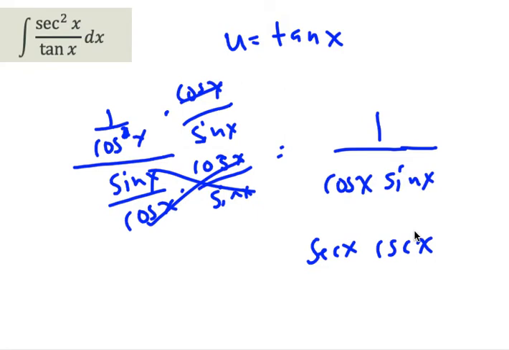So you might be tempted to think, oh, that kind of looks familiar, right? It kind of looks like one of our trig integrals, but it's not, because the trig integral is secant x cotangent x. So doing this actually gets you nowhere.